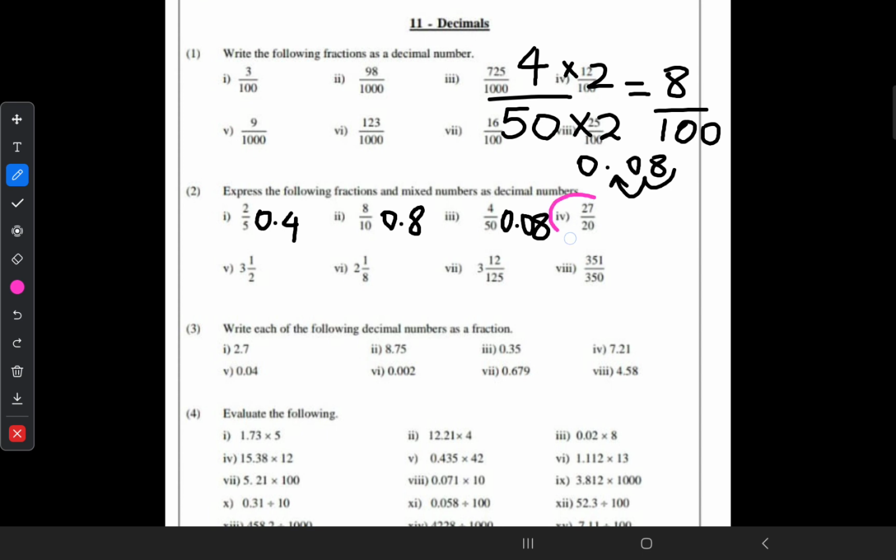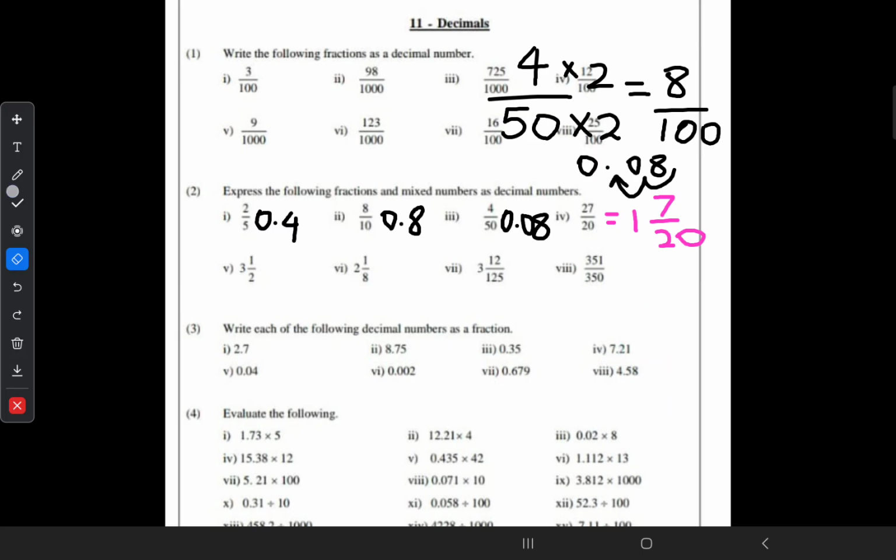When you are converting this improper fraction to a mixed fraction, you know how to convert this one, no? 27 divided by 20: 1 twenty is 20, remainder 7. So it should be 1 and 7 upon 20. 1 and 7 upon 20 should be your mixed fraction.